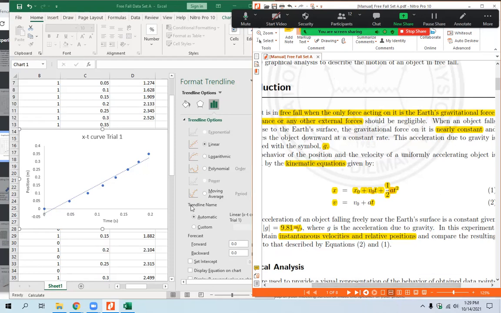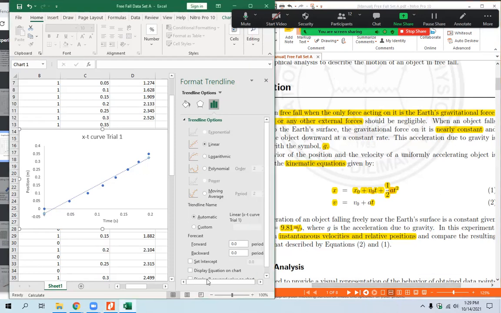Kaya siya naging parabola. So of course, since expected ko na parabola ang data ko, pwede kong baguhin ang trend line ko to become a parabola. So in this case, I will select polynomial order 2. O yan, okay na. Halos fitted na lahat.